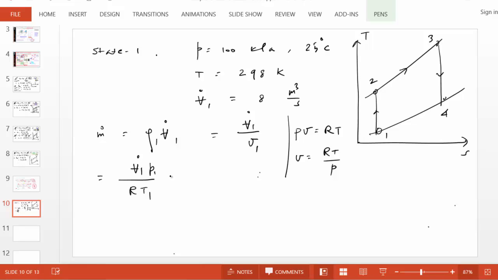The value for R for air, the value for Cp, and the value for k should be familiar to everybody. k is 1.4, Cp is about 1.005, and R is 287.